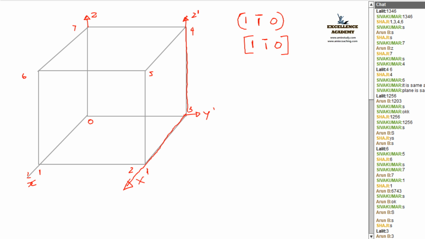Arun says that it is 3, 2, 1, and I think that it is wrong. Please check.